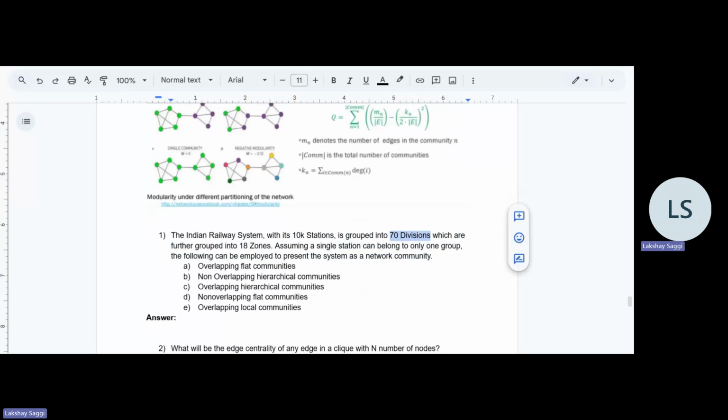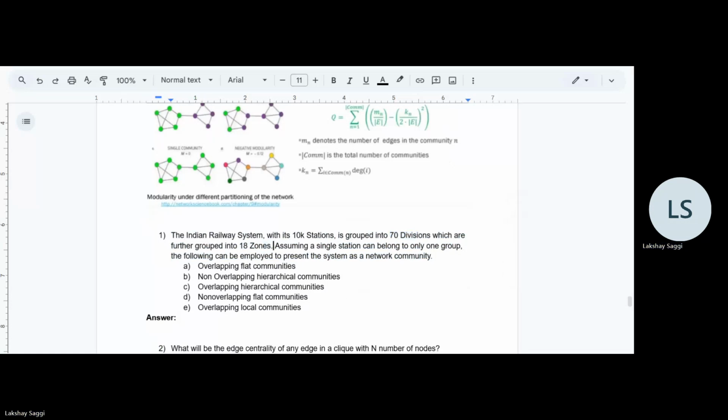Now these 70 divisions will be further grouped into 18 zones. This means you have a hierarchy kind of structure. These 10K stations can be grouped into the 70 divisions, and these 70 divisions will further be grouped into 18 zones. So it will be a two-level hierarchy for us. A station will belong to some division, and some division will belong to some zone.